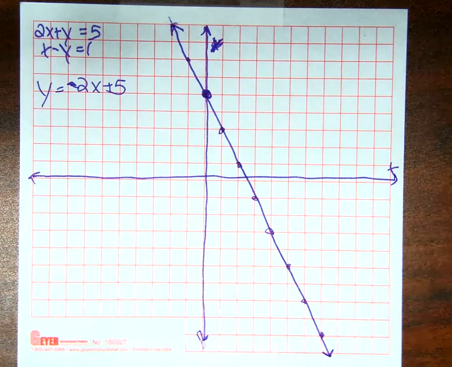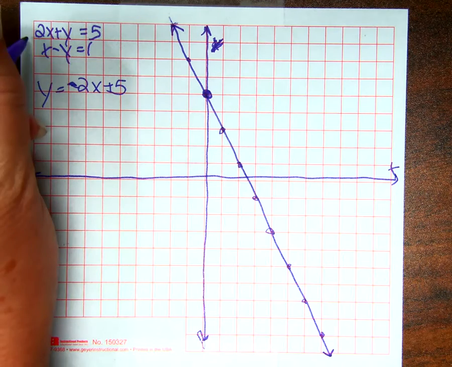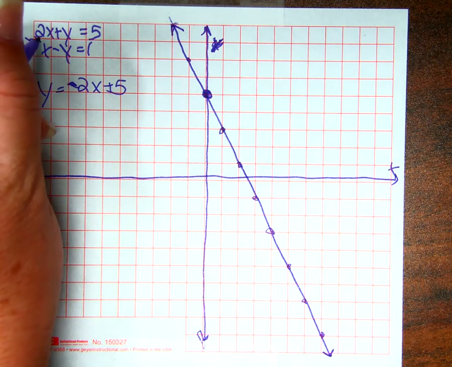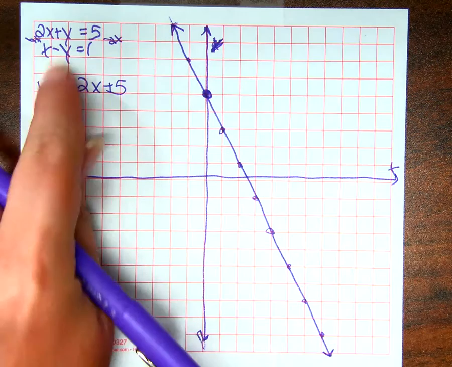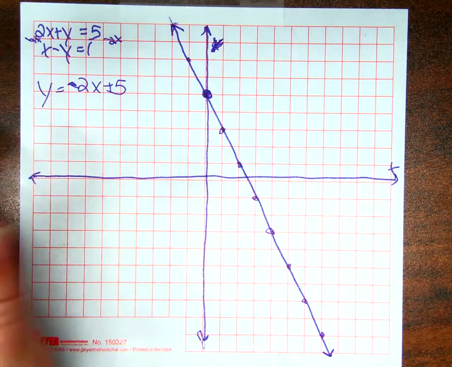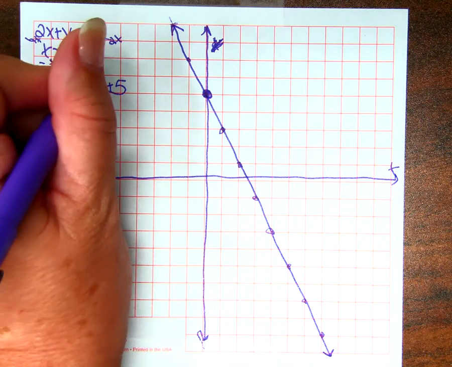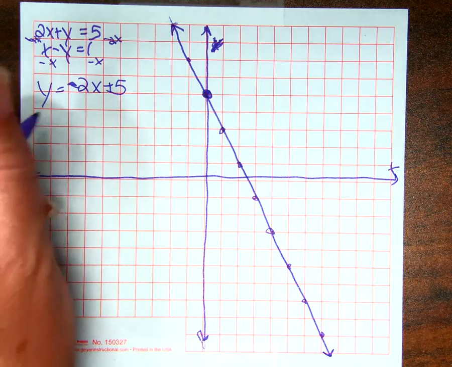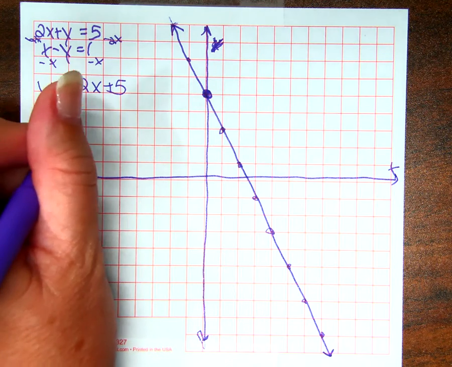How do I graph the other one? Just a reminder, I subtracted 2x from both sides here and here. How do I graph this other one? Subtract x from both sides. So that gives me negative y equals 1 minus x.